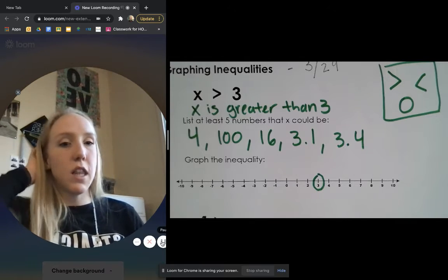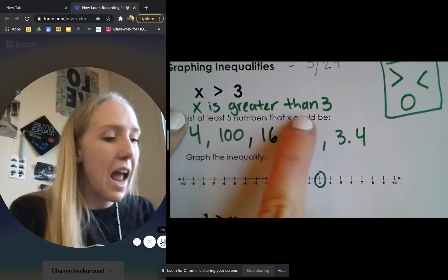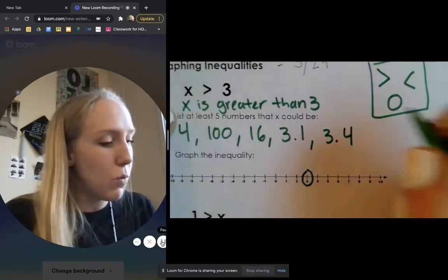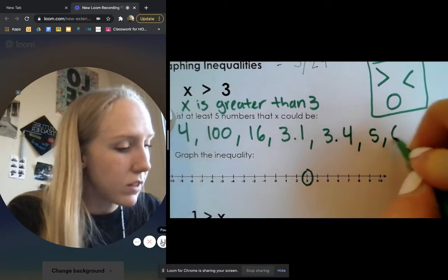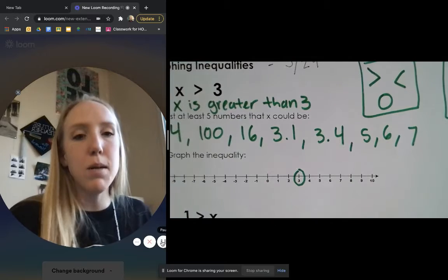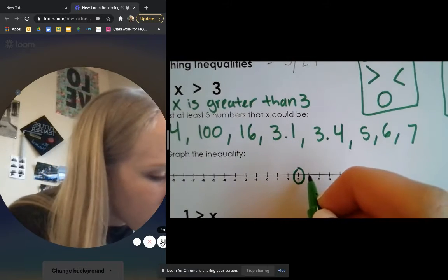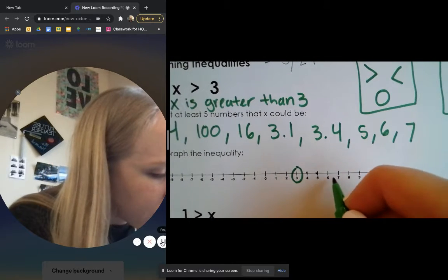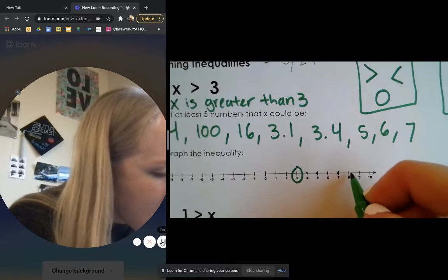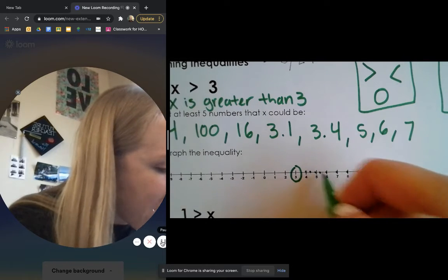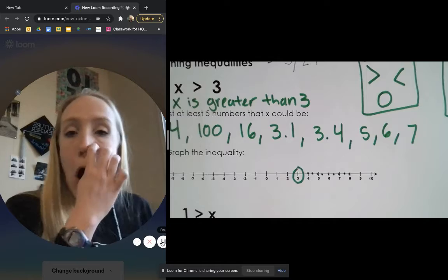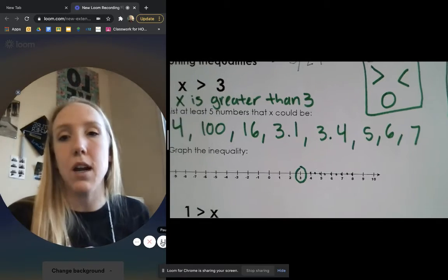Now, here's the thing. X is any number greater than 3. So we could graph 5, we can graph 6, we can graph 7, any number greater than 3. So here we know 4, 5, 6, 7, 8, we know 4.5, 5.5, 6.5, 7.5. All of those numbers are greater than 3.